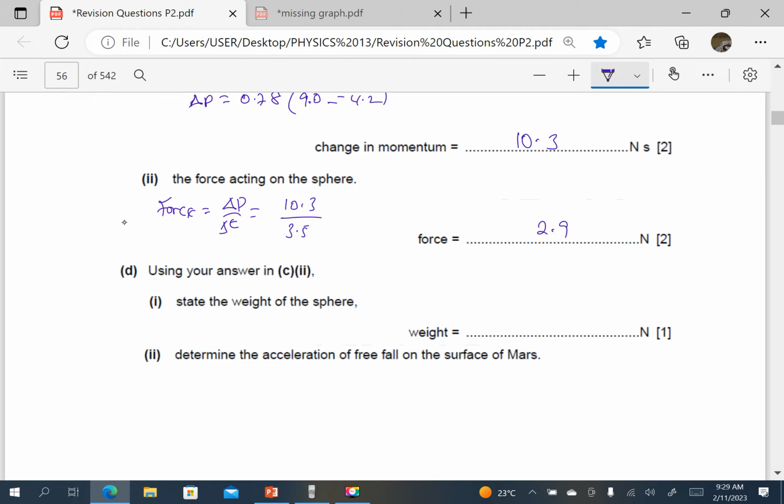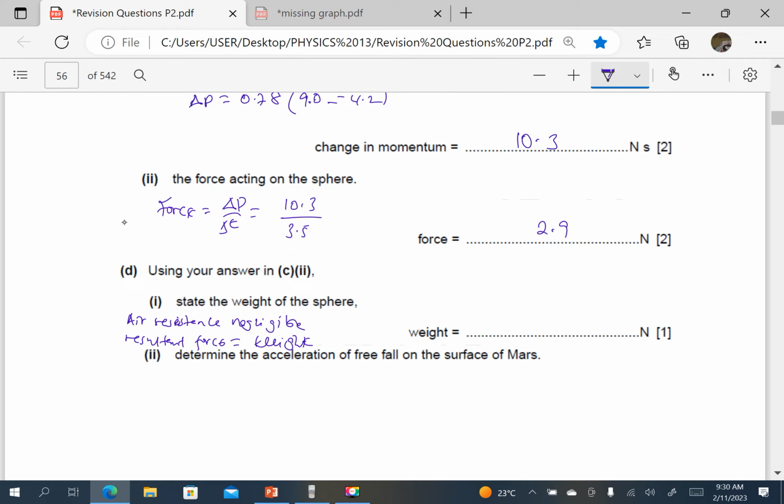So if air resistance is negligible, then it means the resultant force is only the weight.